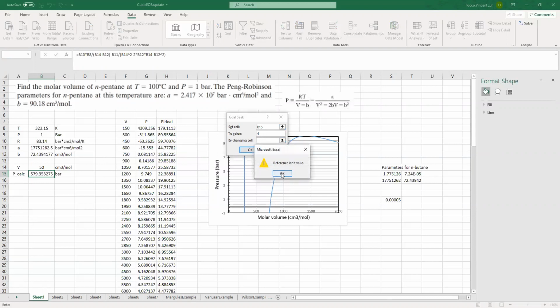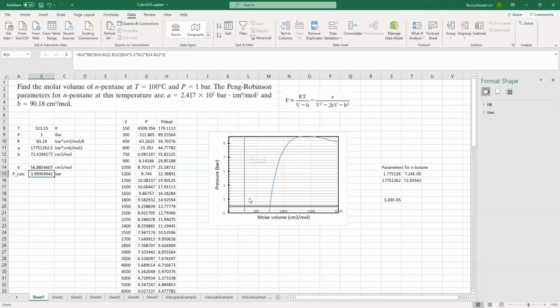This may be what's happening. 56. That's not it either, is it? It's not 56. It should be somewhere around 300. No? Let's see, 300. Nope, that's negative 250. Just guessing by hand at this point.